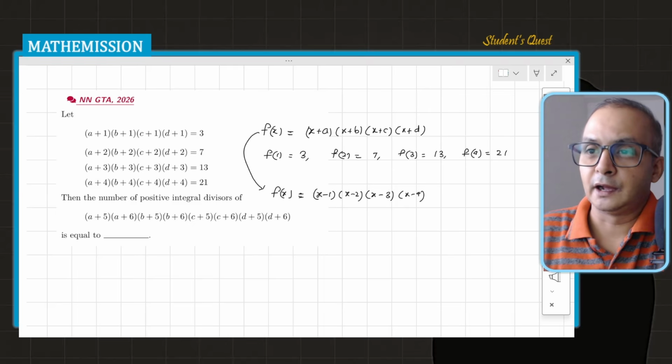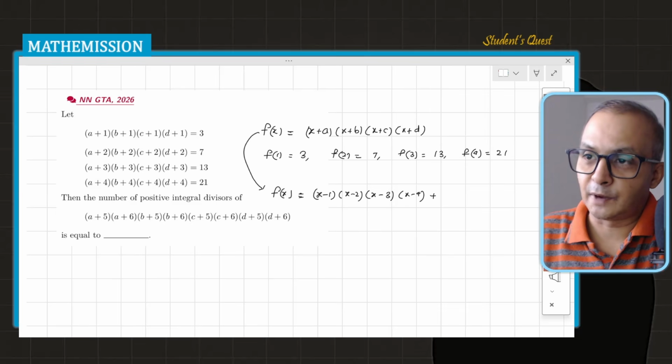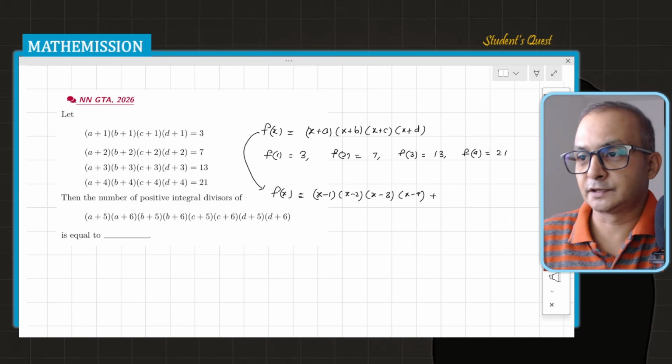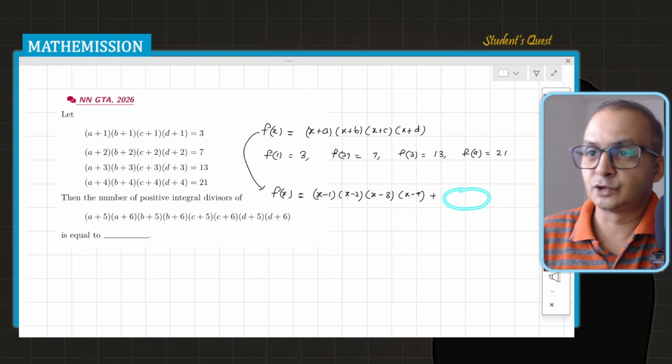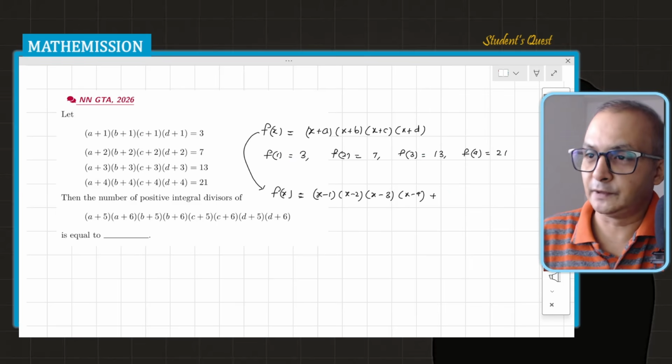So now at 1, this is going to be 0, at 2, this is 0. It means I need to have some other pattern here in terms of x, so that I can substitute 1, 2, 3, 4 to get 3, 7, 13, 21 respectively.